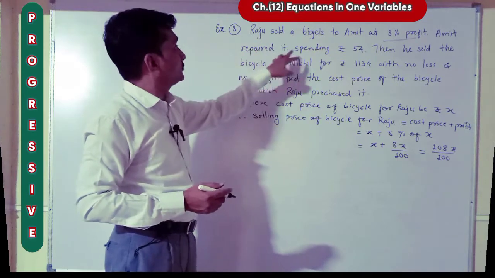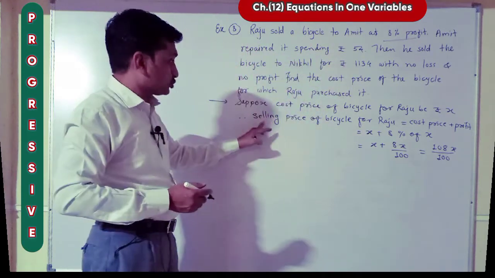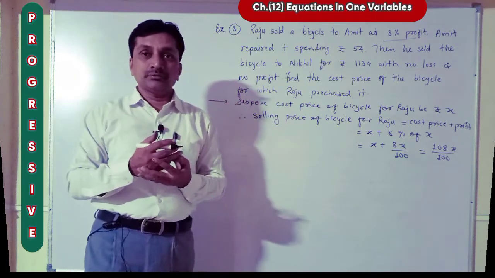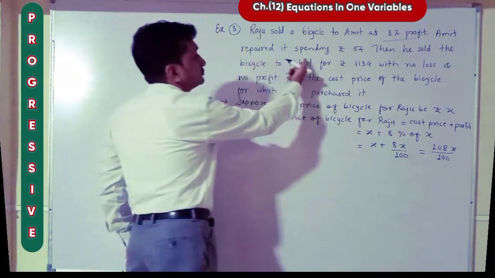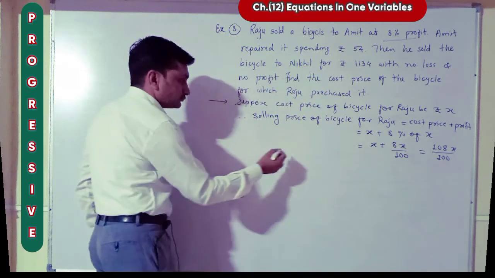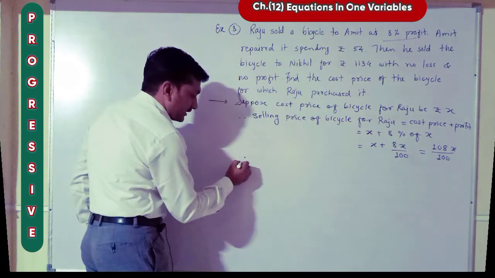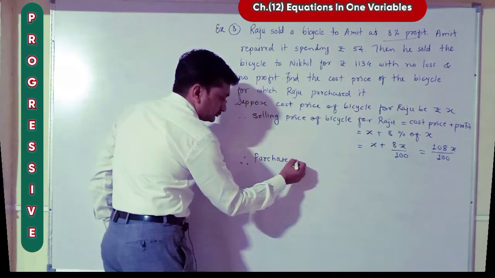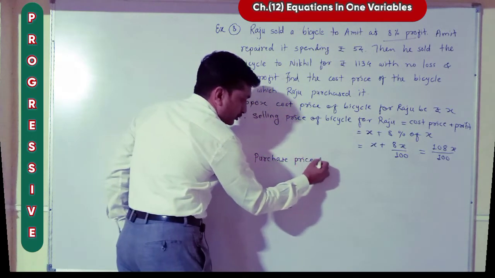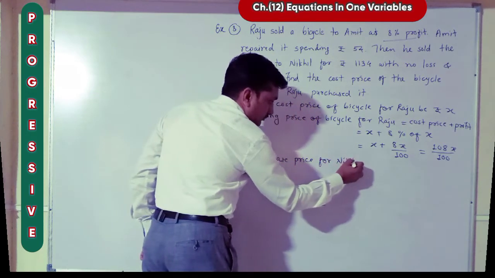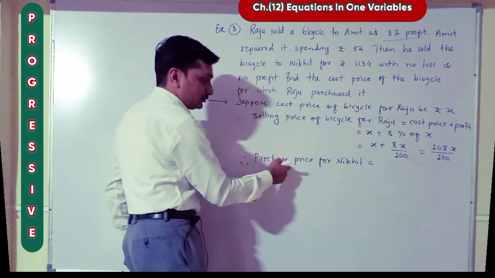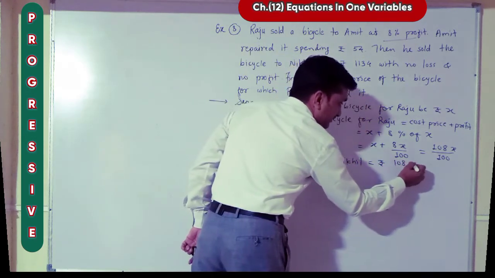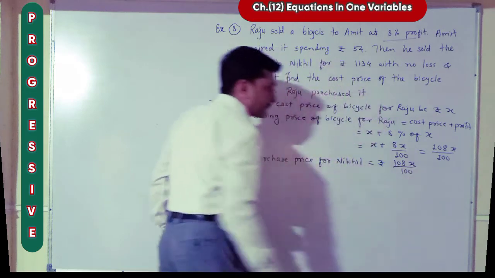That is the selling price for Raju, but the purchase price for the one to whom he sold, Amit. Raju sold to Amit. Therefore that will be the purchase price for Amit. Okay, therefore we can write here the purchase price for Amit is equal to 108x upon 100.